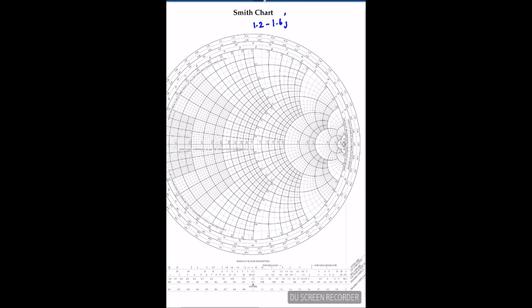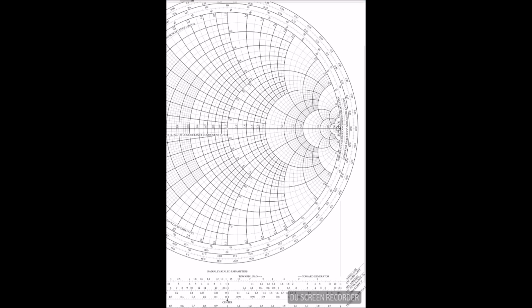So first I have to mark this normalized impedance ZLN. When I go here, R is 1.2. The R equal to 1 circle is here at this point, and R 1.2 is here. This is the R equal to 1.2 circle.